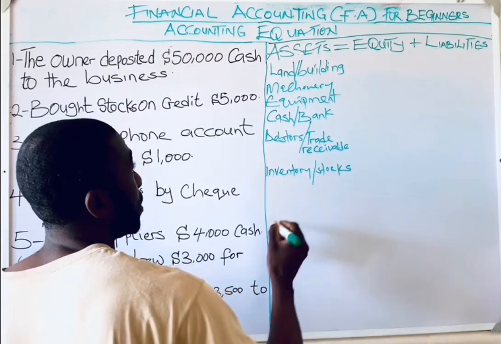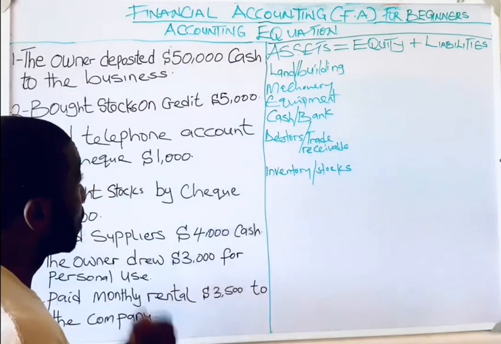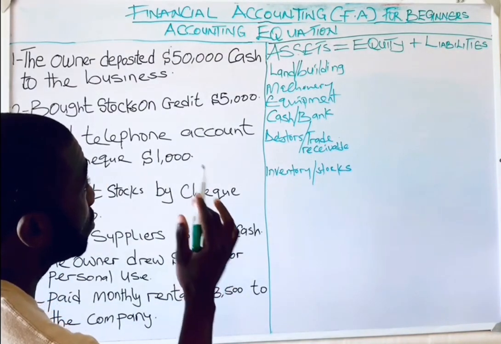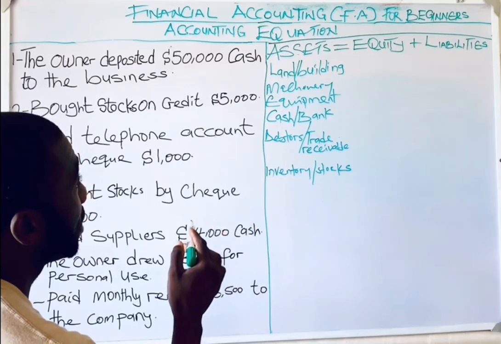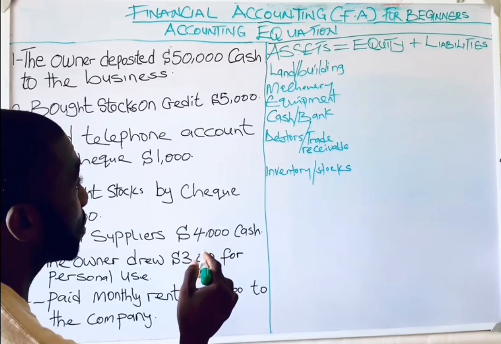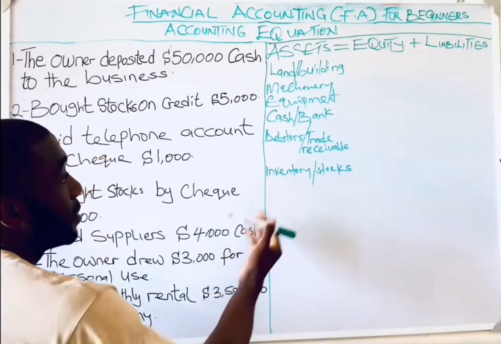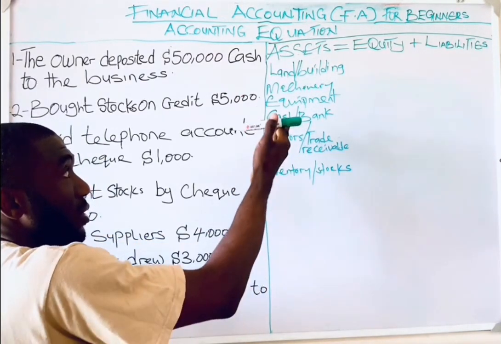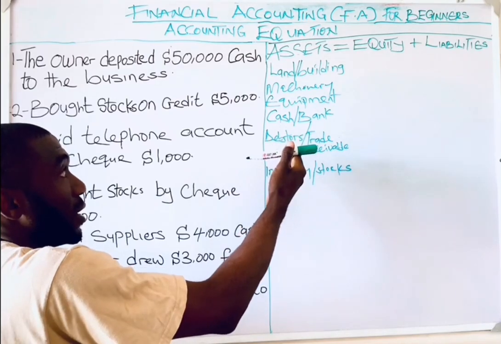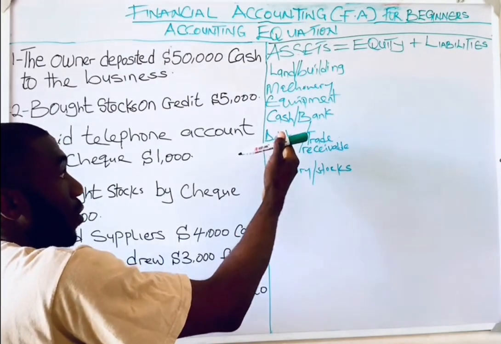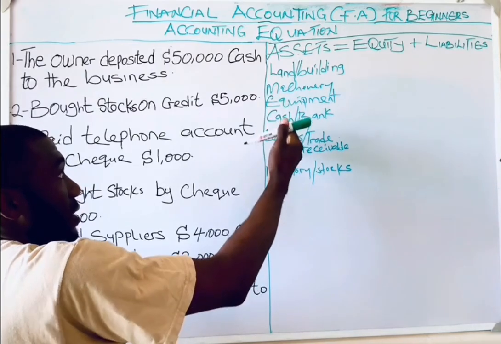So these are our assets: the land and building, machineries, equipment, cash, bank, debtors or trade receivables, inventory. They are what the business has as its own properties, that is assets.